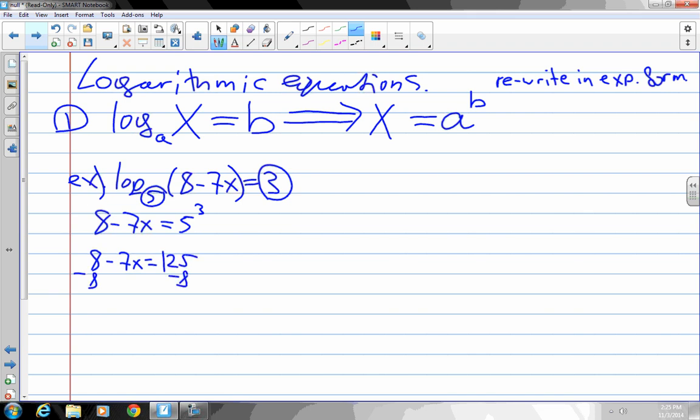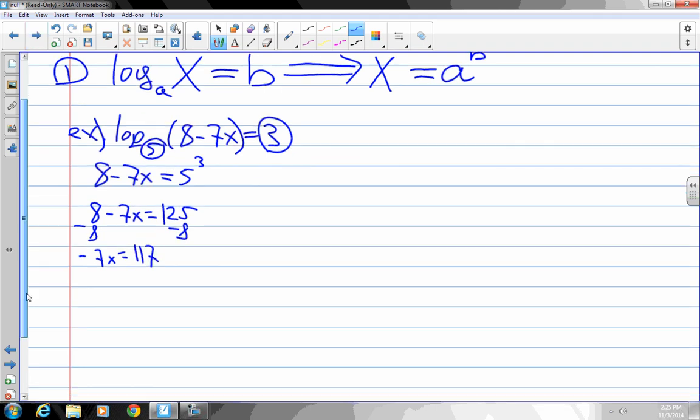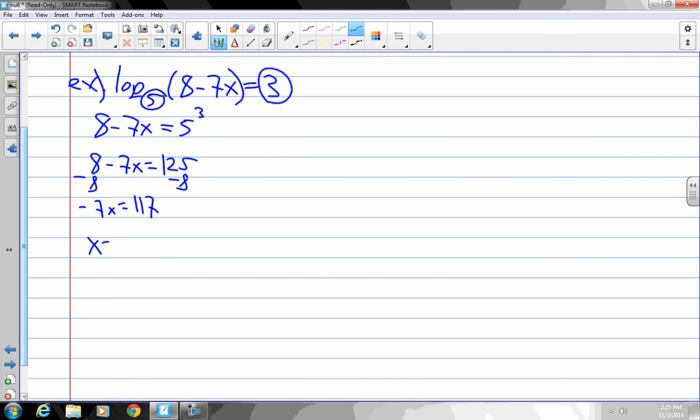Subtract 8. Negative 7x equals 117. So x equals negative 117 over 7. We do have to check our answers to logarithmic equations, because logarithms have domain restrictions.